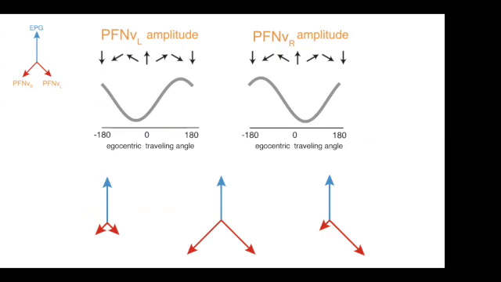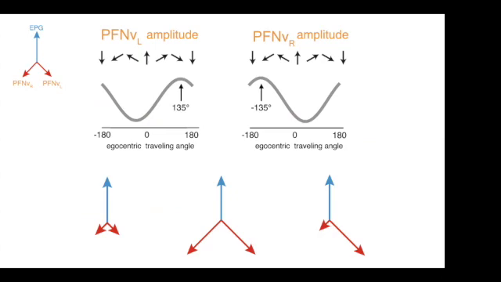And the cosine should be maximal at these plus and minus 135-degree angles corresponding to the direction of these backward vectors. So this model predicts that the amplitude as a function of the drift angle, or the egocentric traveling angle of the fly, should follow this cosine.